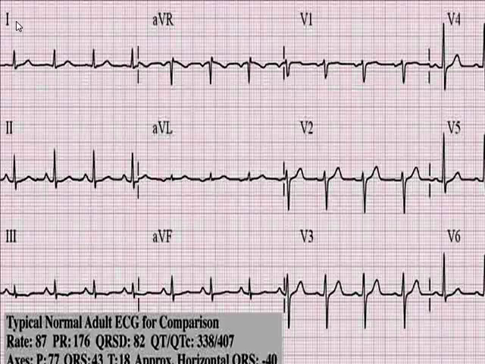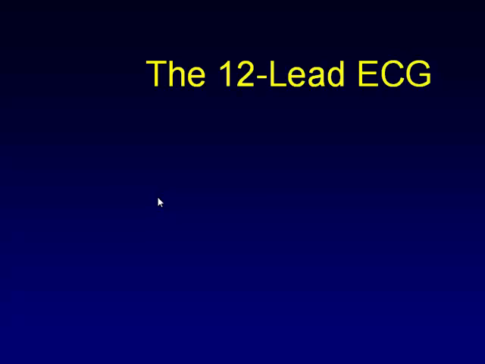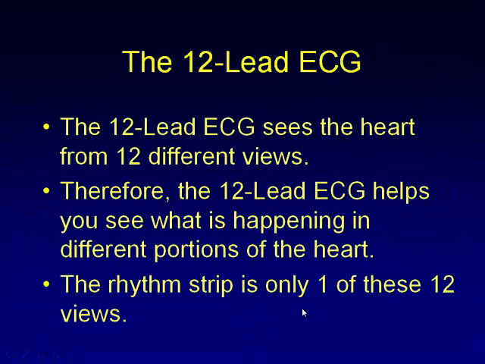Maybe sometimes L1 sees a problem, but L3 is not seeing it. So L1 shows abnormality in its electricity, but L3 has no abnormality. This is what we mean by this. And the rhythm strip is only one of these 12 views. We will tell you what we mean by the strip later in this video, okay?